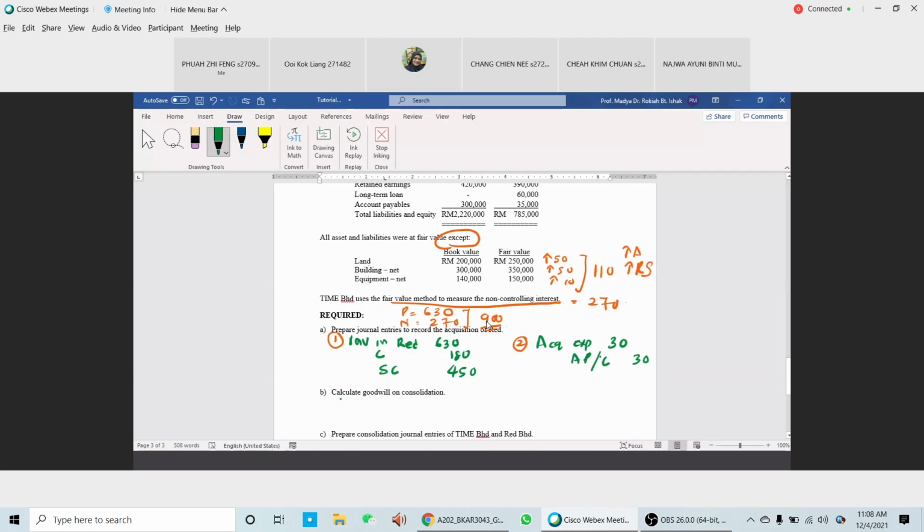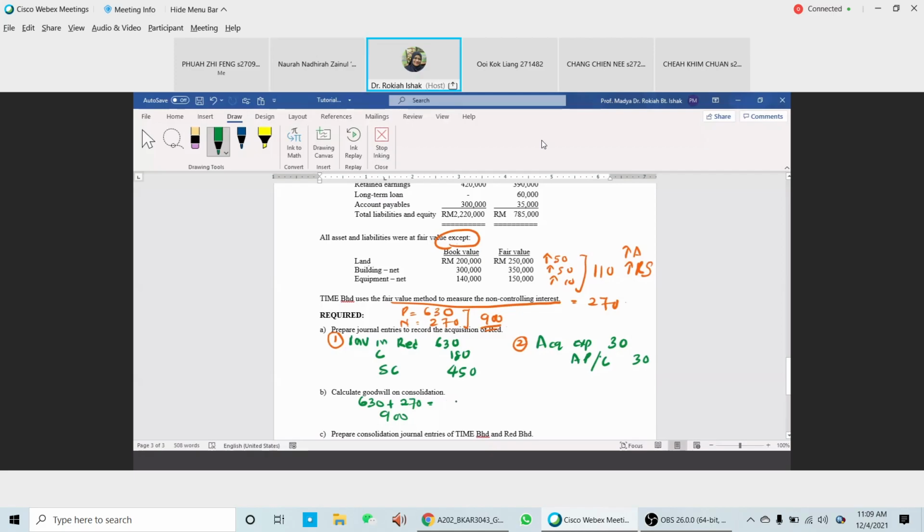Okay. Cost of investment 630, so you're going to have COI 630 plus non-controlling interest 270. Altogether you're going to have 900, minus net identifiable assets of 800. How do you get that 800?